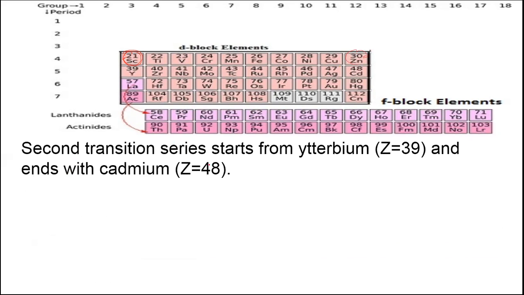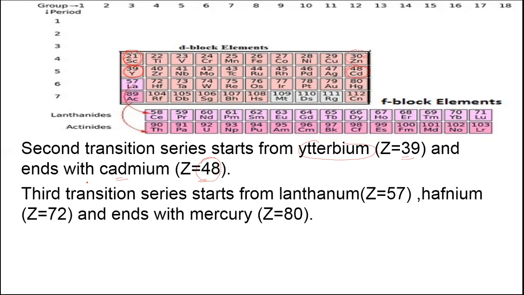The second transition series starts from yttrium, atomic number 39, and ends with cadmium, atomic number 48.